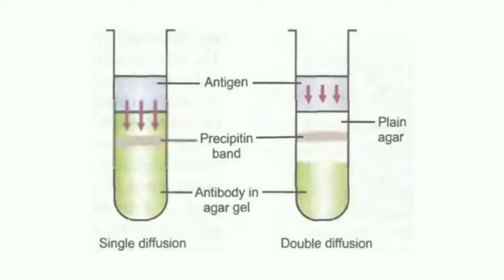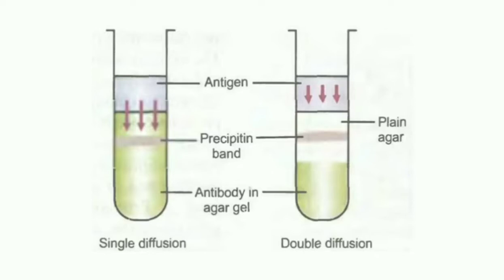But the difference is that now you add an intervening column of agar gel, a white column. Above that the antigen is layered. Now both antigen and antibody move, and in this intervening column of agar gel you get a precipitation band. Okay.